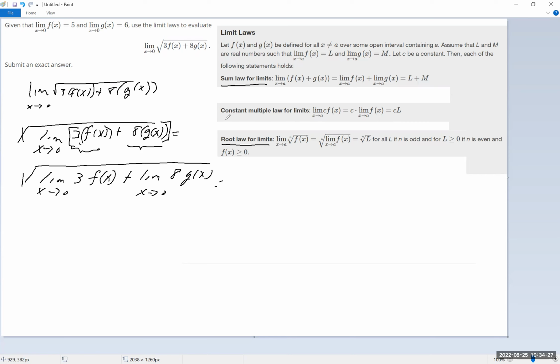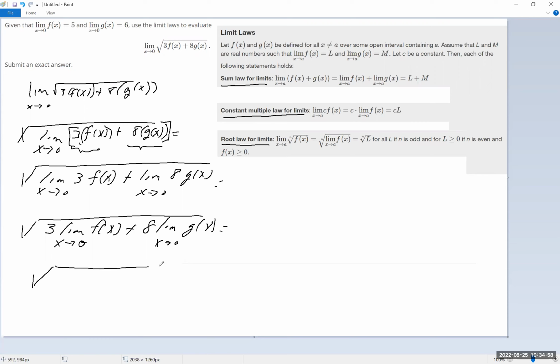And then I'm going to use the constant multiple law. So I've got 3 times the limit of f of x as x goes to 0 plus 8 times the limit of g of x as x goes to 0.